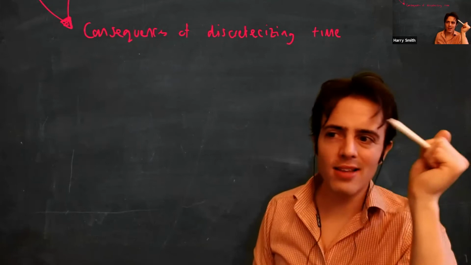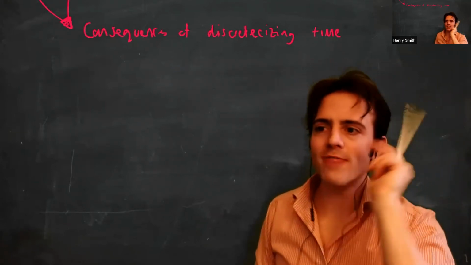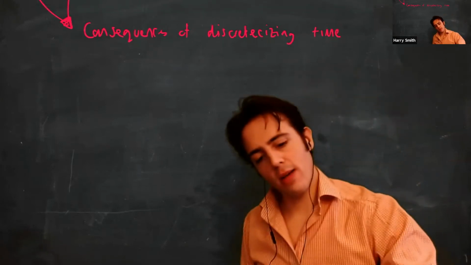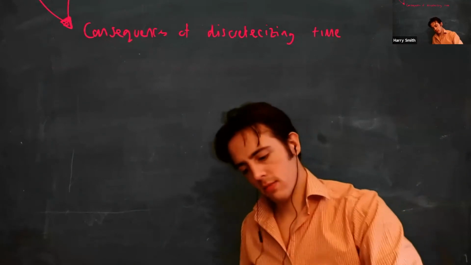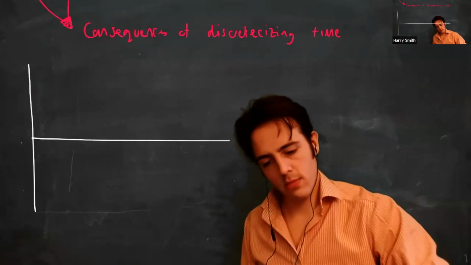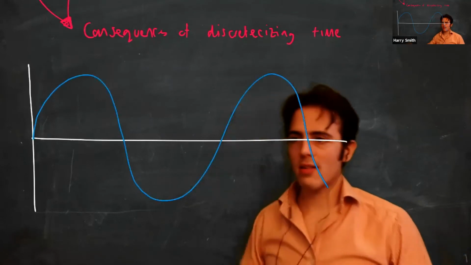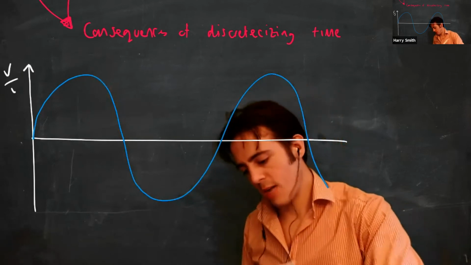So I said that an ADC does this not just for time, but also for value, okay? So if, for example, my signal looked like this, and I was recording, for example, voltage divided by volts.